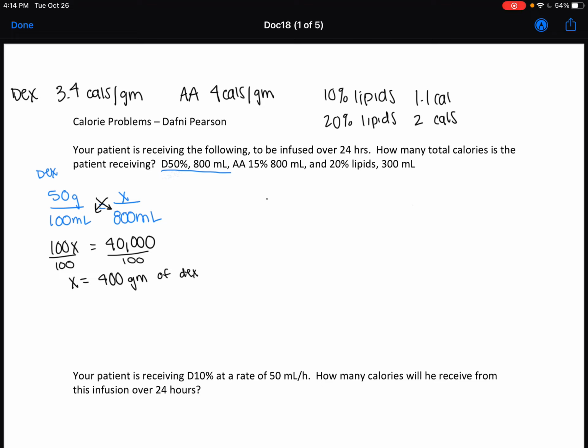So we're going to do 400 times 3.4, because that's how many calories we have per gram. And we get 1360, and that is calories of dextrose. Okay?